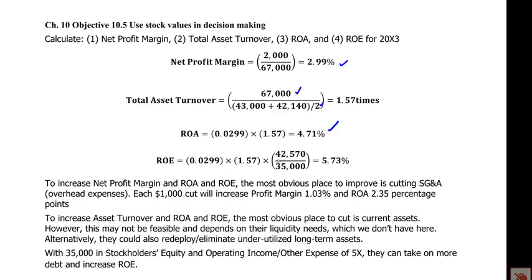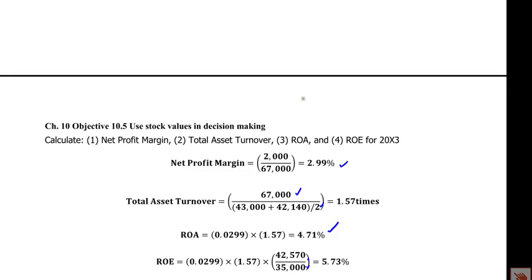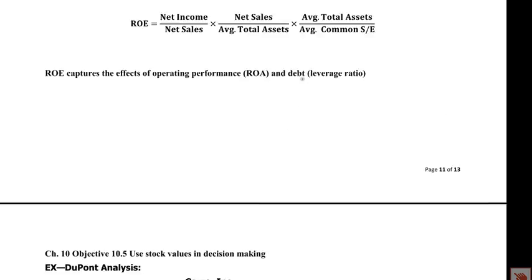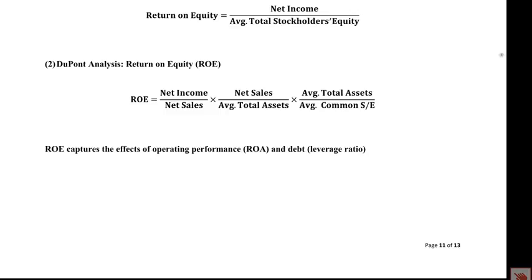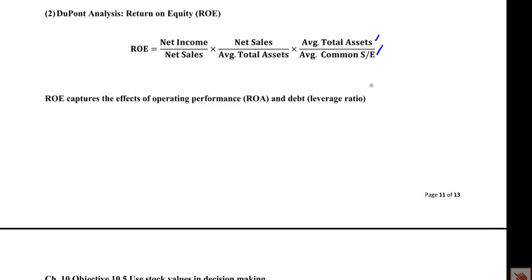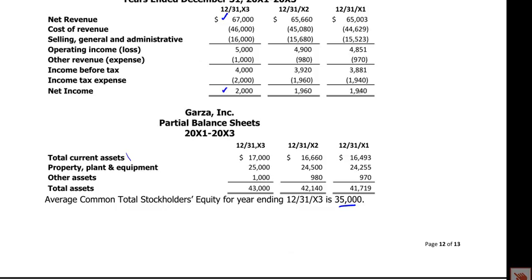So the leverage ratio here is total assets over average common stockholders' equity, or average total assets. So here's our leverage ratio right here. And our average total assets come from 42,140 plus 43,000 divided by 2.